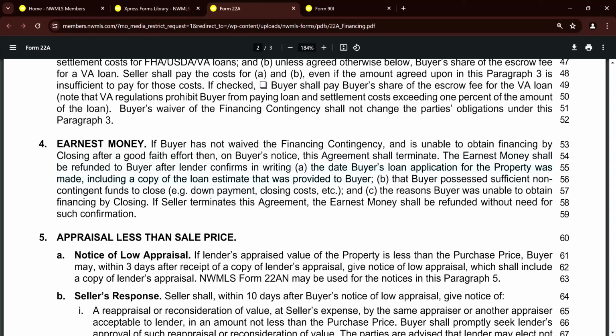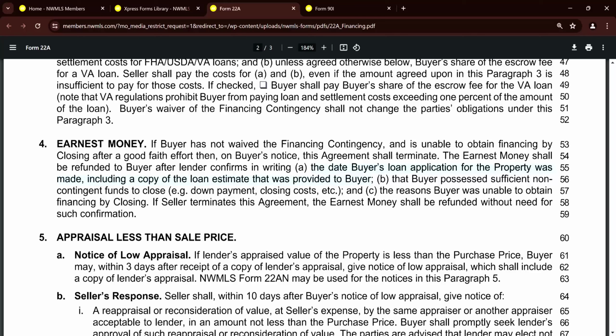It's actually kind of 2 things. You've got to show proof that buyer made the loan application on time, which is how many days by default? 5 days. The second thing, you've got to get a copy of the loan estimate that was provided to buyer. So that's the first piece that you need.